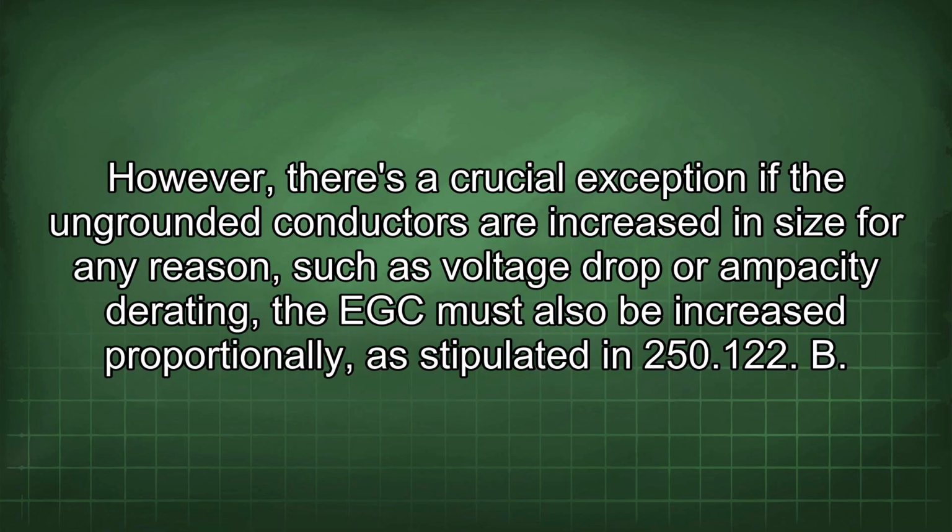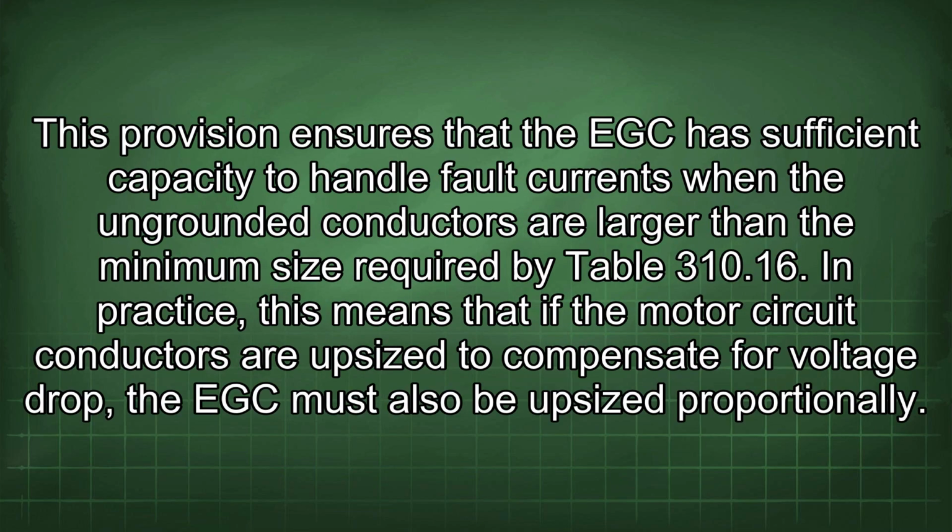However, there is a crucial exception if the ungrounded conductors are increased in size for any reason, such as voltage drop or ampacity derating. The EGC must also be increased proportionally, as stipulated in 250.122. This provision ensures that the EGC has sufficient capacity to handle fault currents when the ungrounded conductors are larger than the minimum size required by Table 310.16.